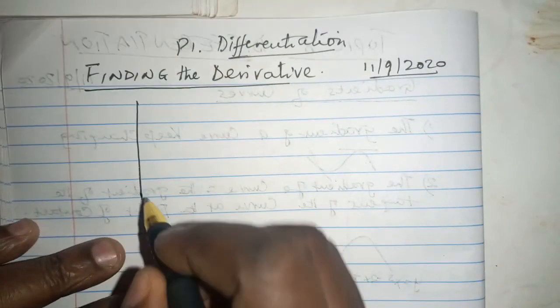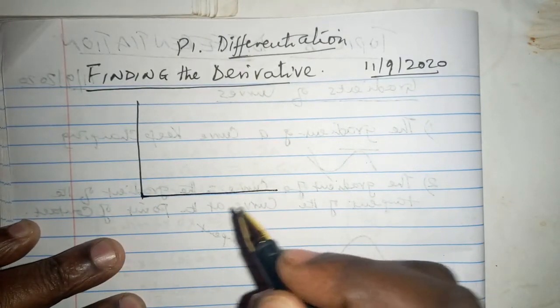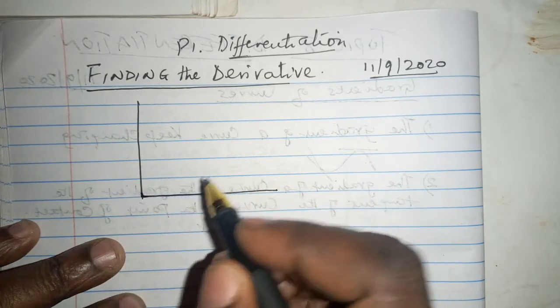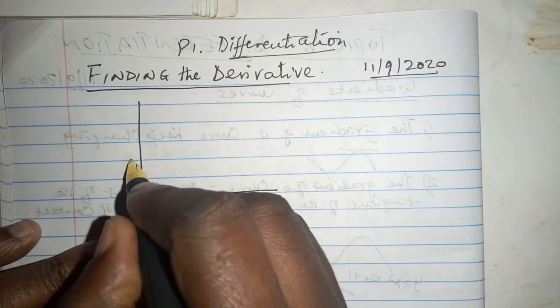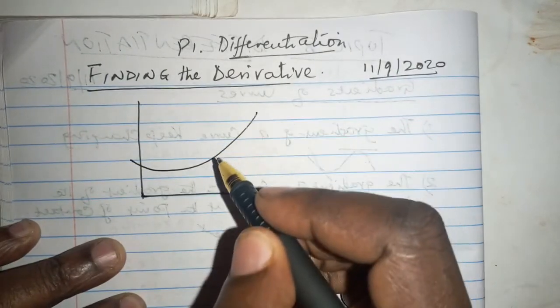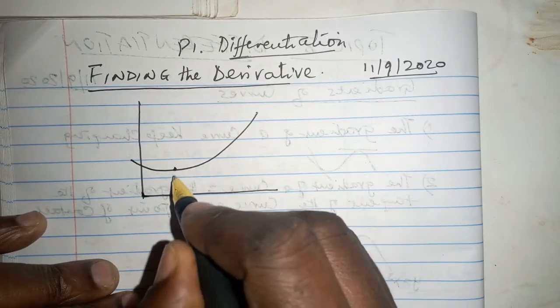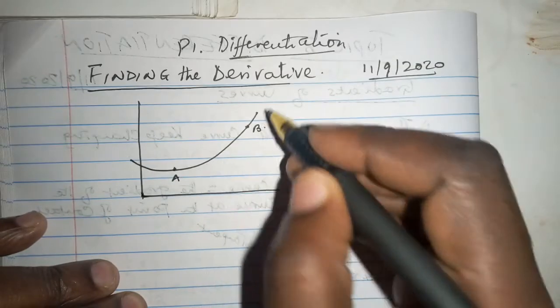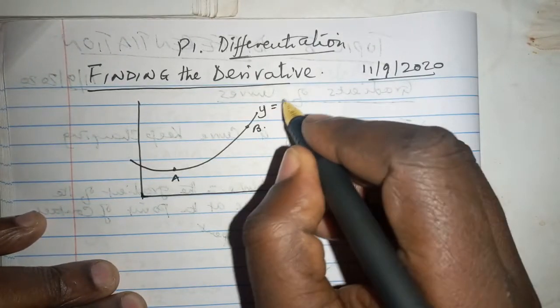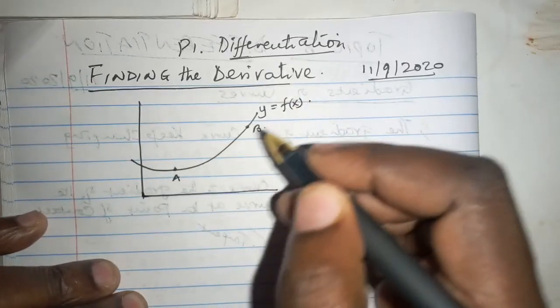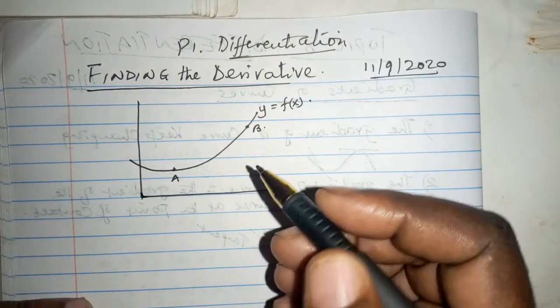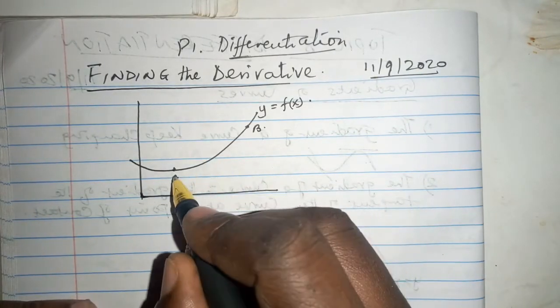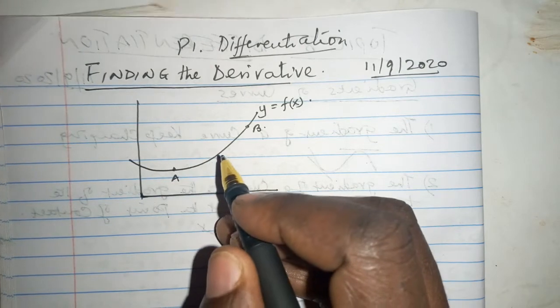The diagram looks like this: we have a curve that looks like that, and there's a point A there and a point B there. This is the curve of y equals a function of x, just a general function.